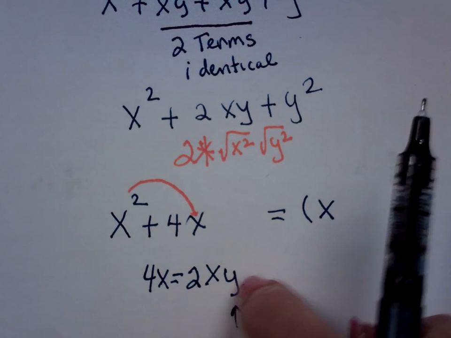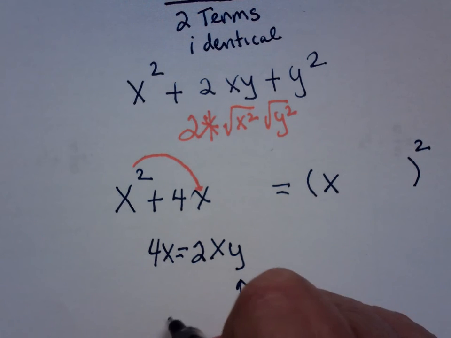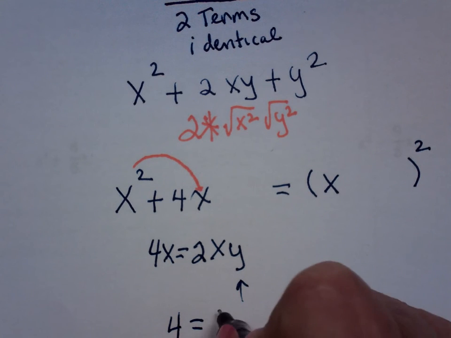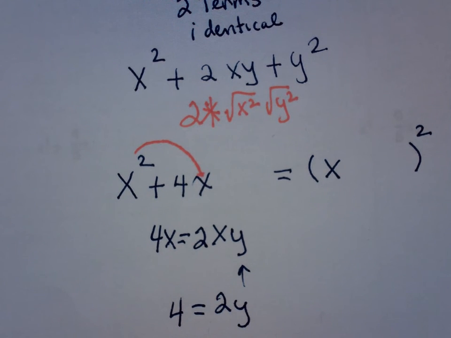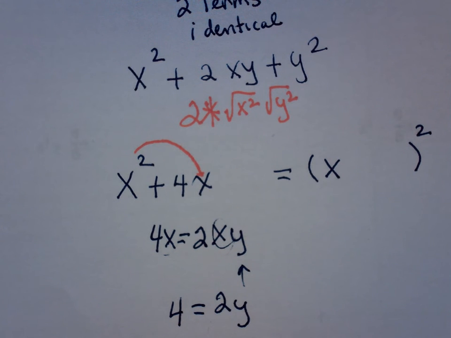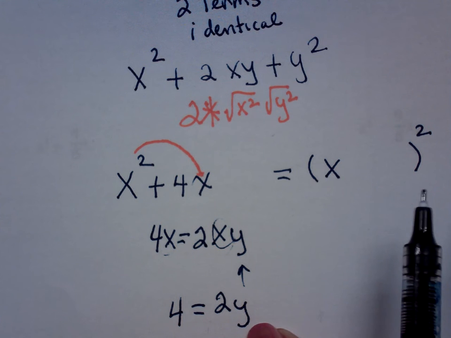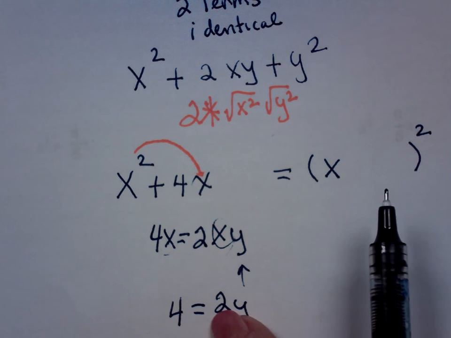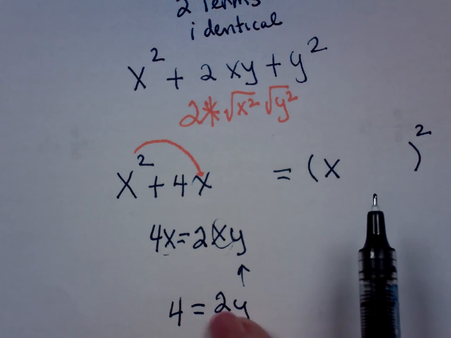So how would I find him? Well, I could divide the x's out. Right? Because there's an x here and an x there. I can just divide those x's out. So what I'm looking for, which is y, is double because of the 2.